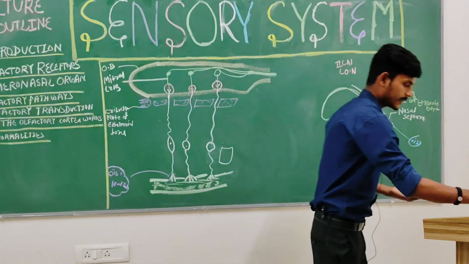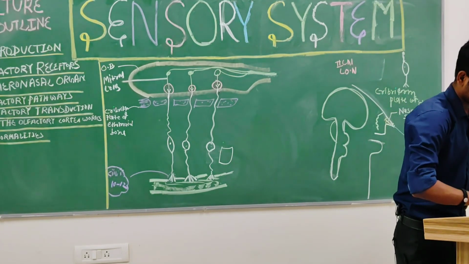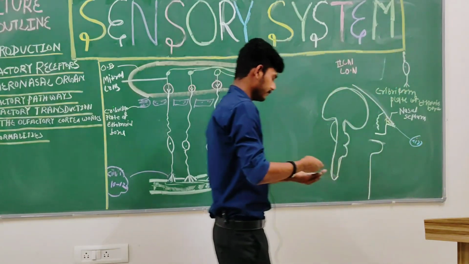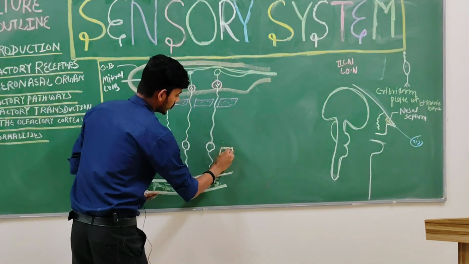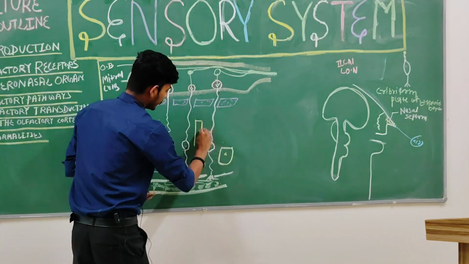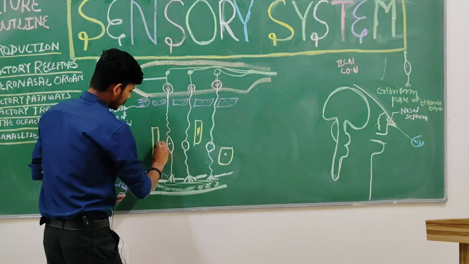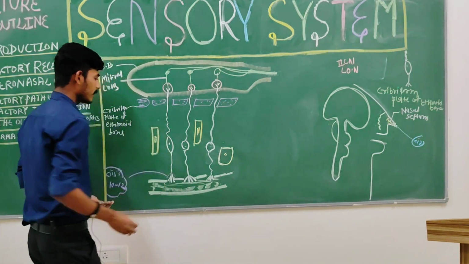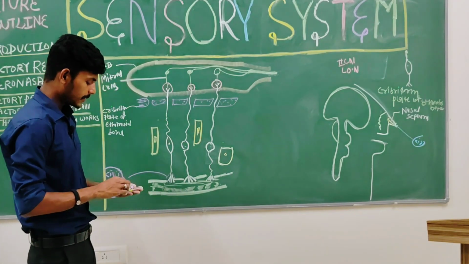Okay, so let's change the color. These are the testicular cells which are present here and there. They are helping the olfactory receptor cells.